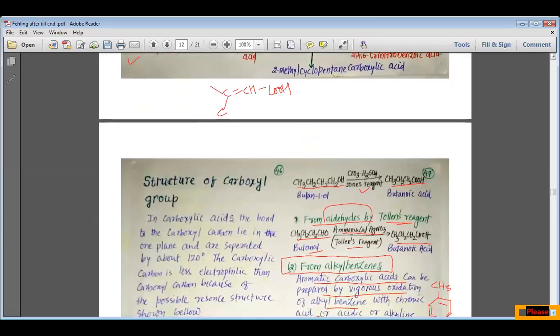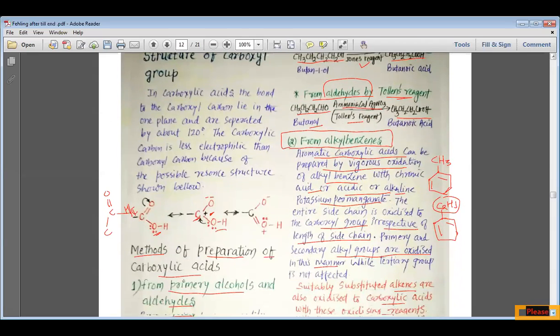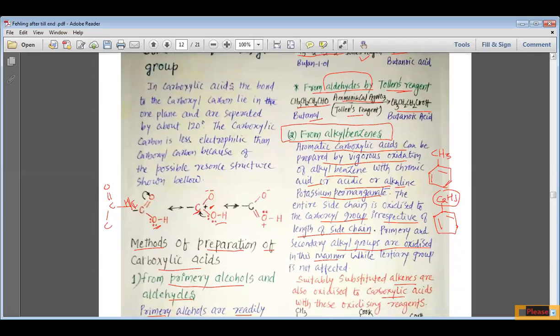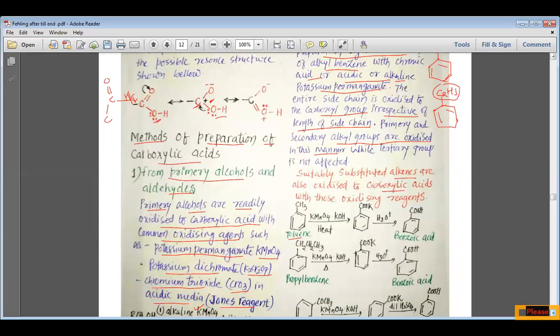And then, my dear students, we have studied the methods of preparation and the structure of the carboxylic acid. We have seen that the carboxyl carbon is comparatively less positive as compared to the carbonyl carbon present in aldehydes and ketones, and that is why the attack of a nucleophile is less possible.